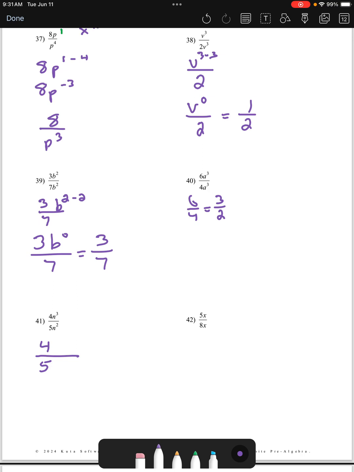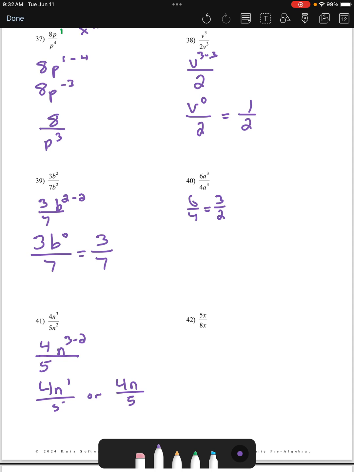Number 41, first time in a little while that variables don't cancel out. So we have our 4 and we have our 5, and you can't do anything to 4 and 5 to clean it up. But we do have different exponents on the n. So we're going to do 3 minus 2 in the numerator. 3 minus 2, of course, is 1.